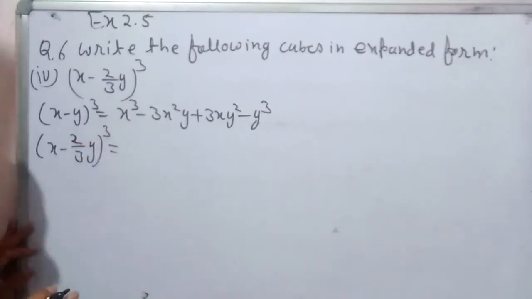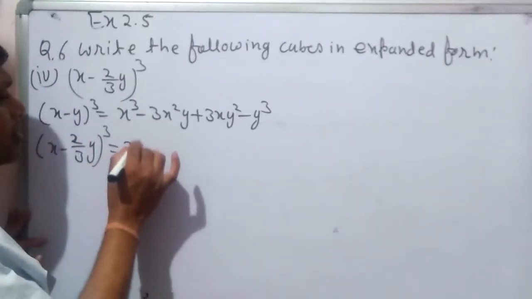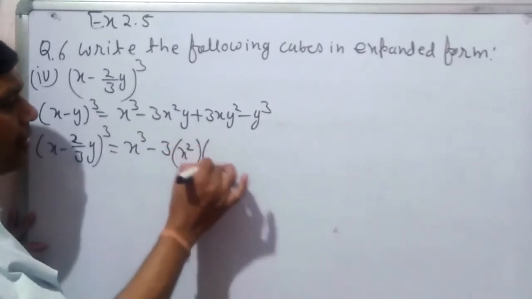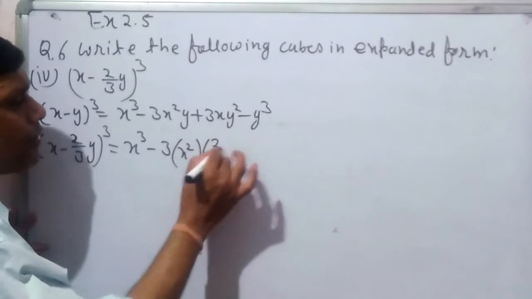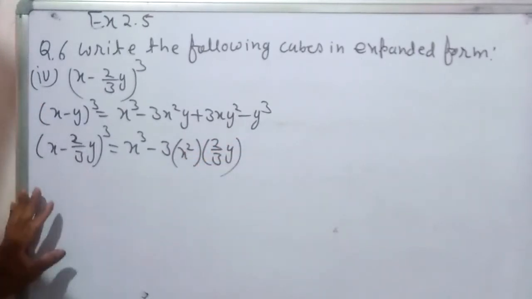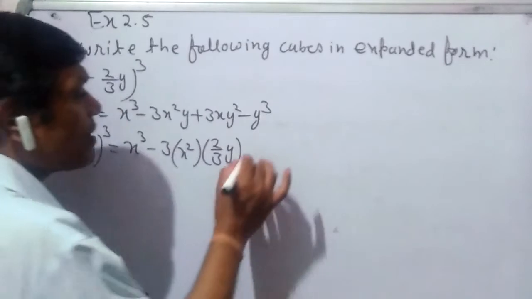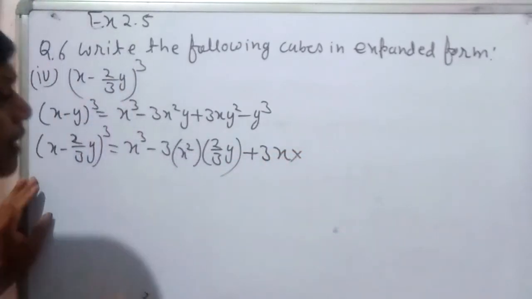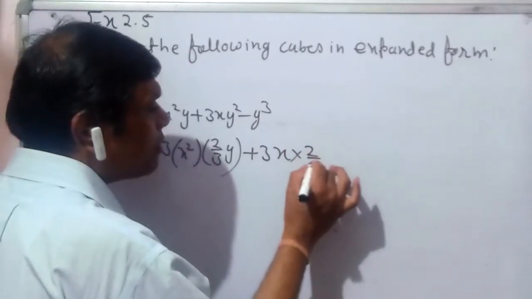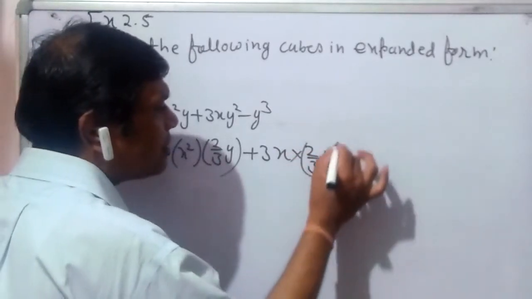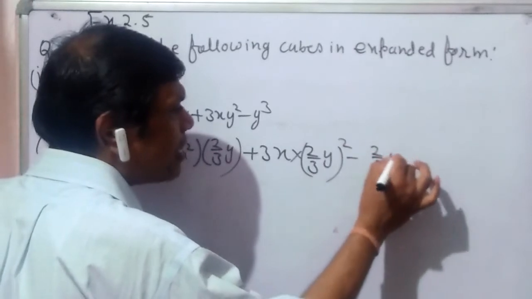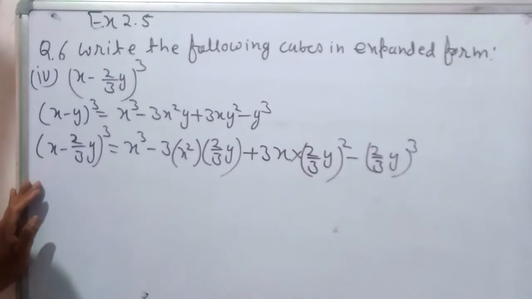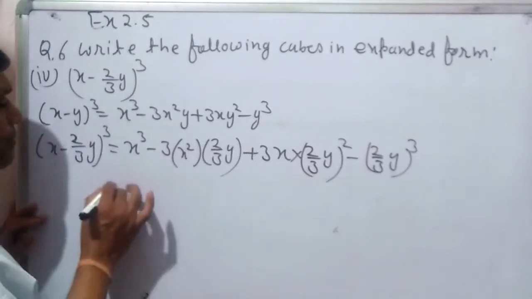It should give us x cube minus 3 x square, in place of y we have 2 upon 3y, right? Plus 3x. In place of x we have x. In place of y we have 2 upon 3y, that too with square, minus y cube means (2 upon 3y) whole cube. Simple. We'll simplify it.